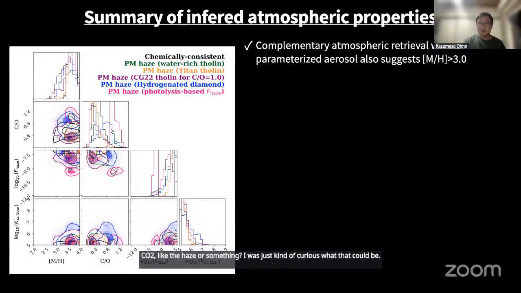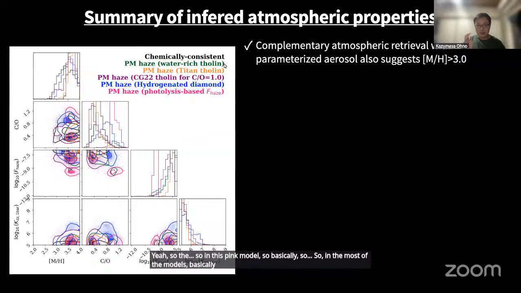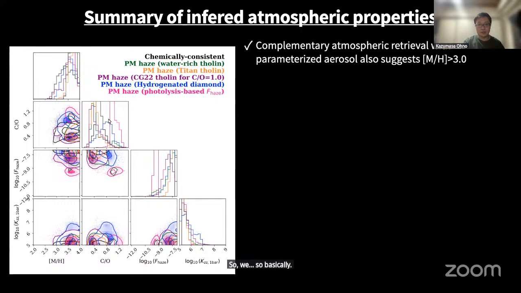So in most of the models, we agnostically change the haze mass flux to fit the spectrum. In the pink model, we calculate the haze mass flux based on the photochemical simulations.